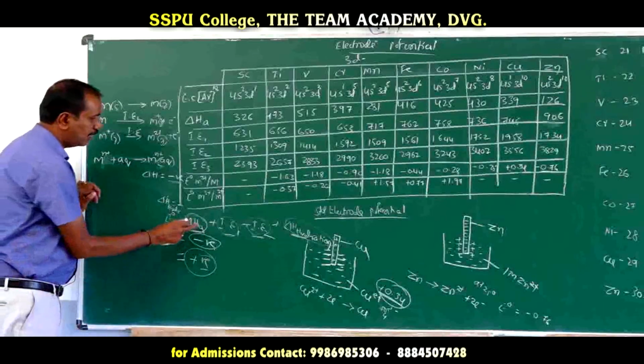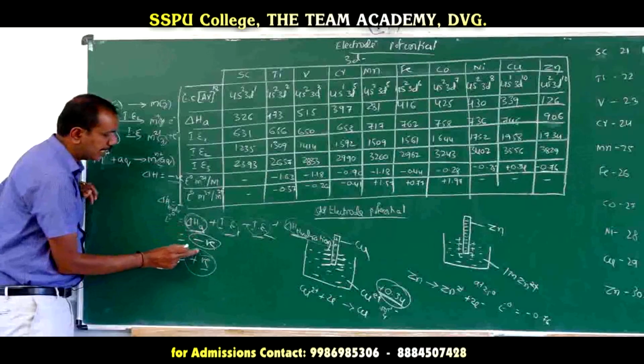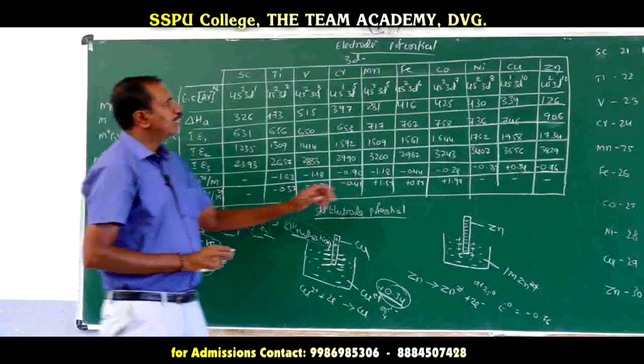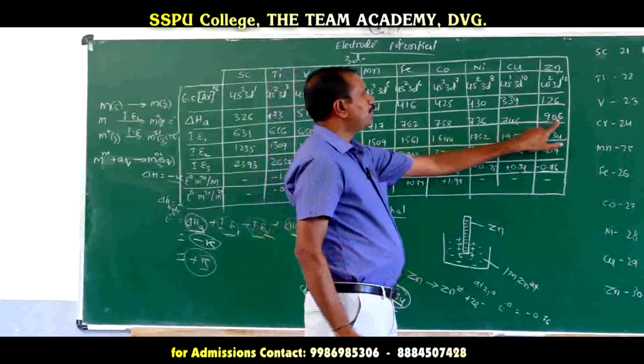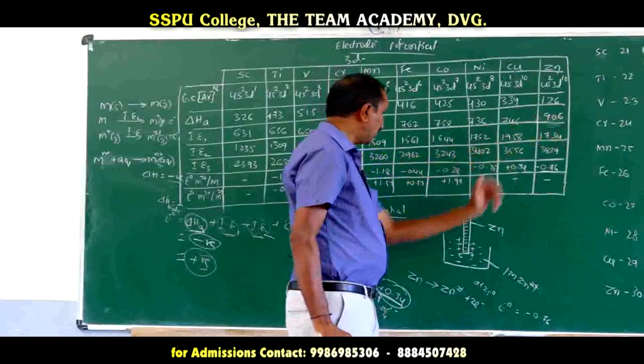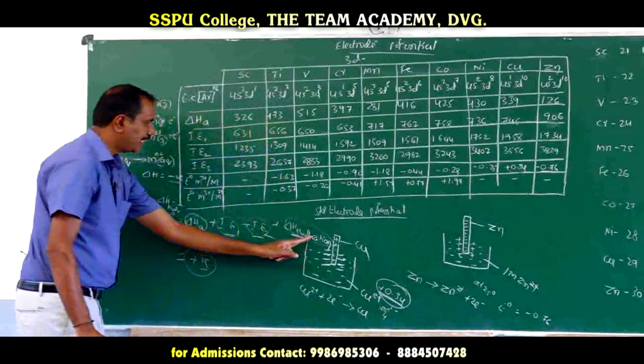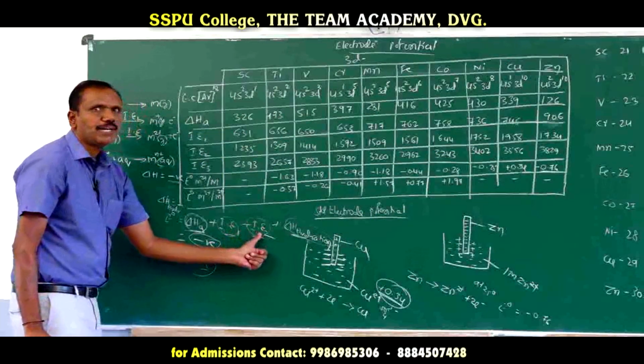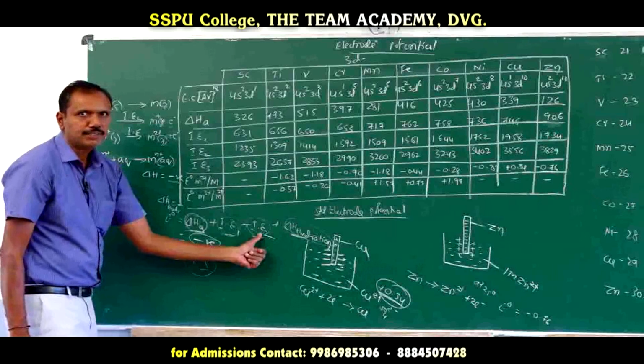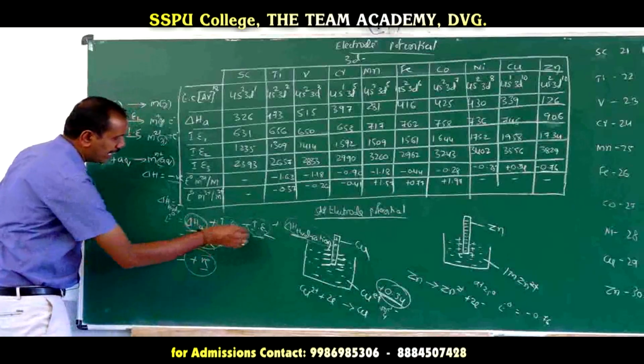Then only we can get a negative value. Here delta H of atomization is more, but IE1 and IE2 values are very, very less.